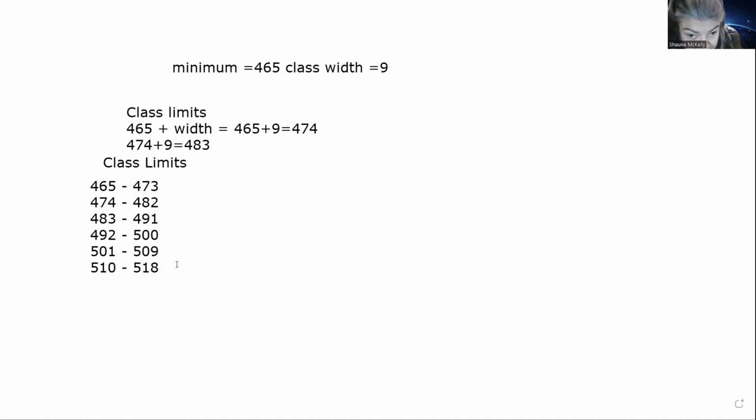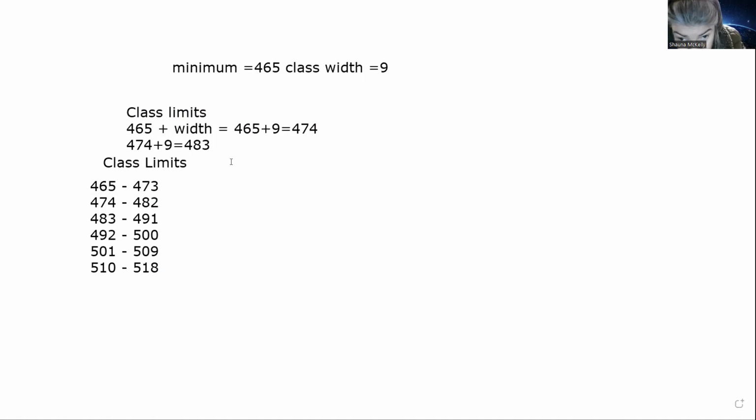That means that you've been inclusive and you've included everything. If this last upper limit is ever lower than your maximum, you've done something wrong with the construction of your distribution, because you should be able to include all of the data, okay? So that's how you construct your class limits for this question.